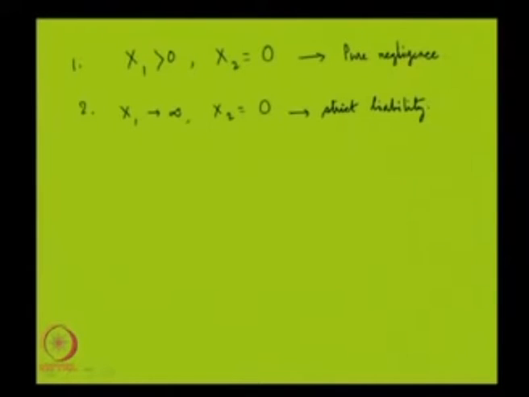So, one can play around with these threshold levels of x1 and x2 and get different kinds of laws which can be thought to be more just to the injurer or to the victim. Now, this is the general setting.